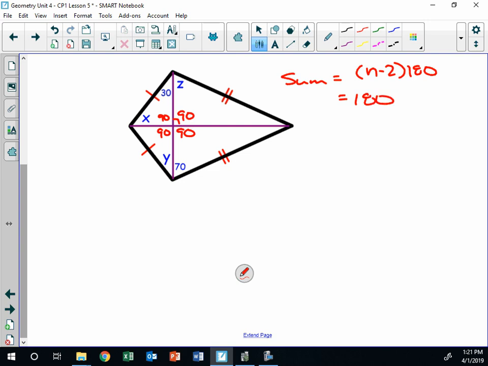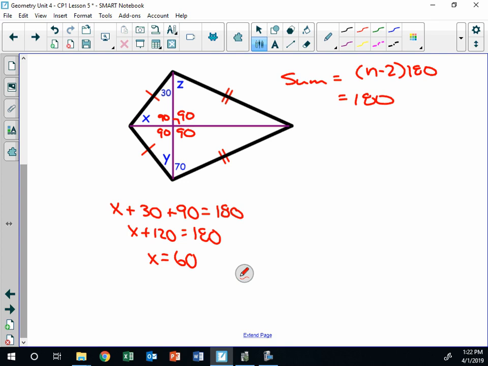So for a triangle, we get a sum of 180, and we can use that to solve for x. So x plus 30 plus 90 equals 180. x plus 120 equals 180, and we end up with x equals 60.